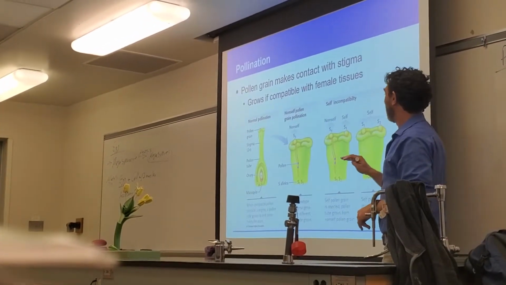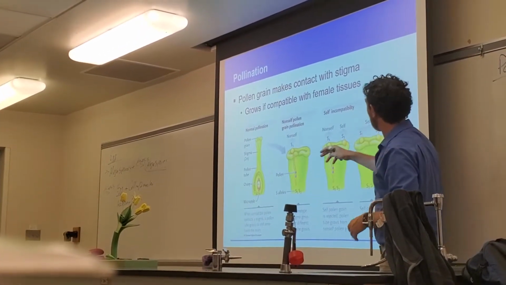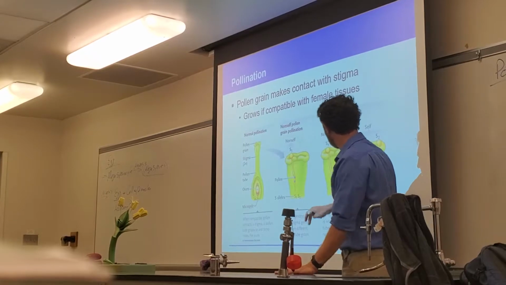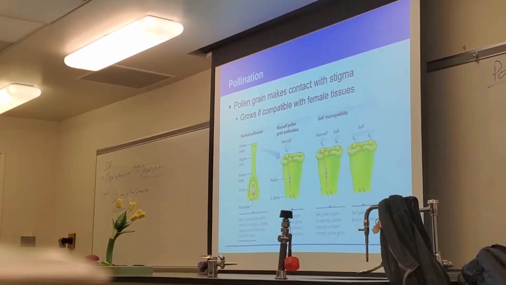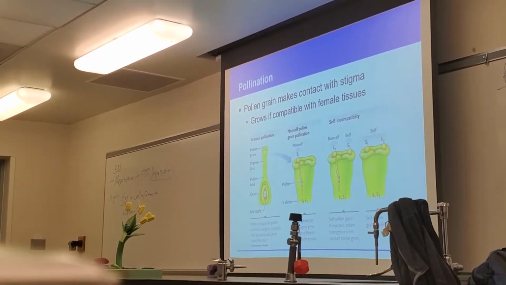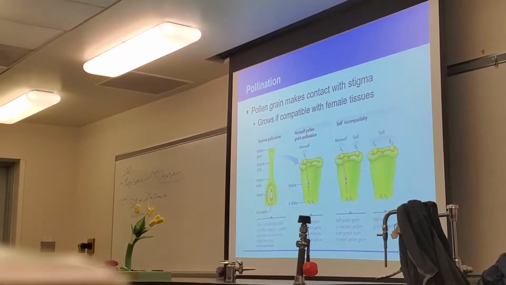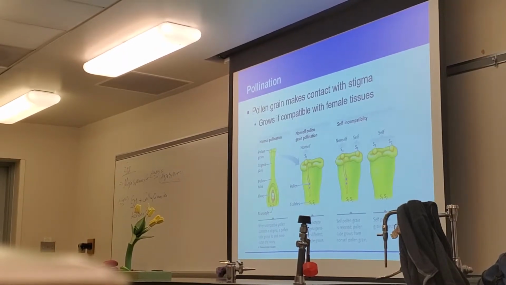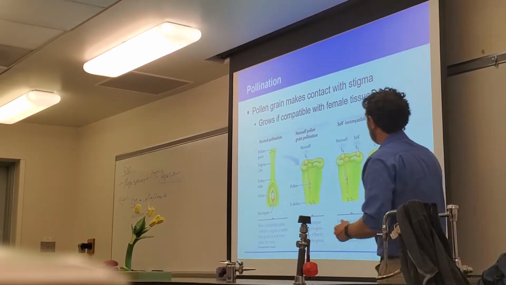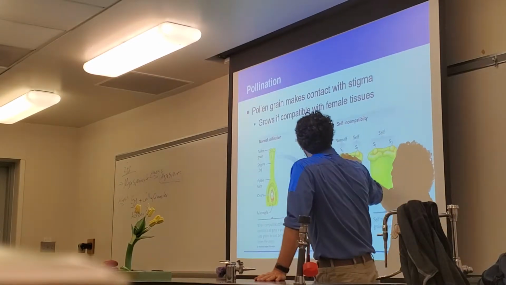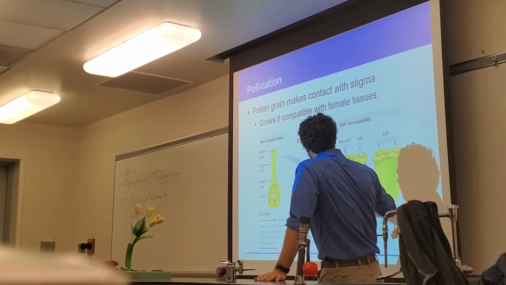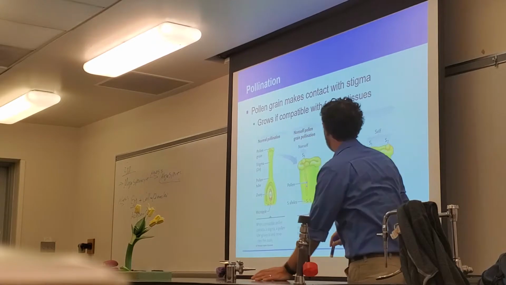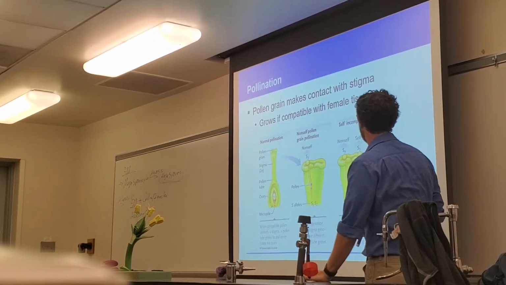Anyway, as long as it's non-self, the pollen will germinate. And when the pollen germinates, the tube cell grows down into the stigma.